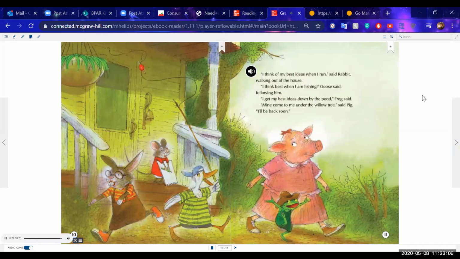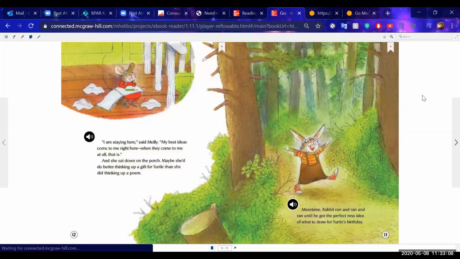I'll be back soon. I am staying here, said Molly. My best ideas come to me right here, when they come to me at all, that is. And she sat down on the porch. Maybe she'd do better thinking up a gift for Turtle than she did thinking up a poem.